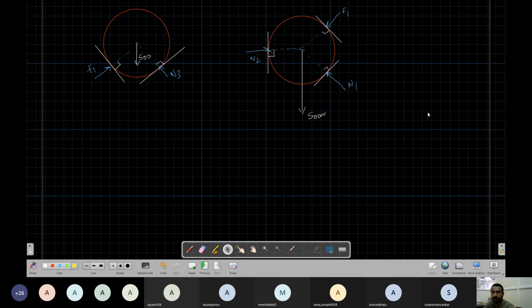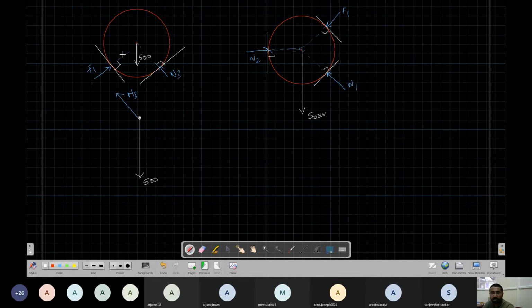So we'll come back, and in idealizing, let's idealize this. So this is a point. I have a W of 500 here, acting vertically down. Then I have a force here which is acting like this. So this is N3. This is 500.